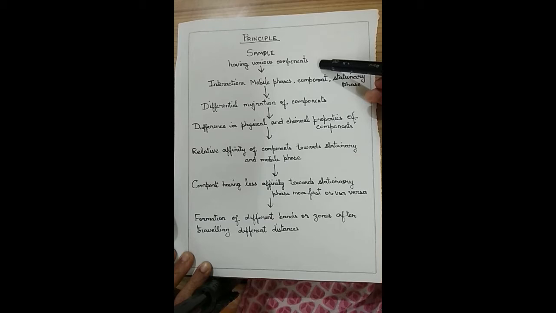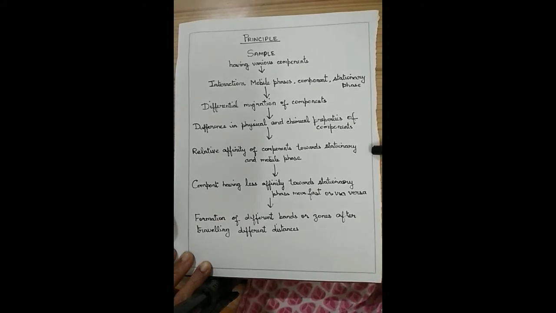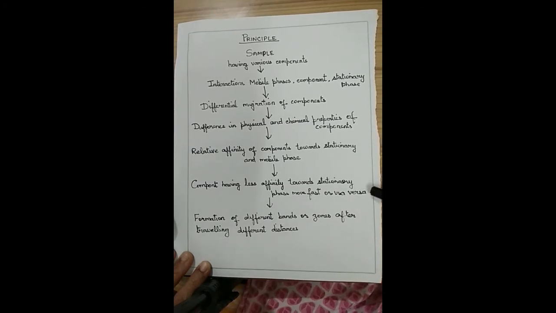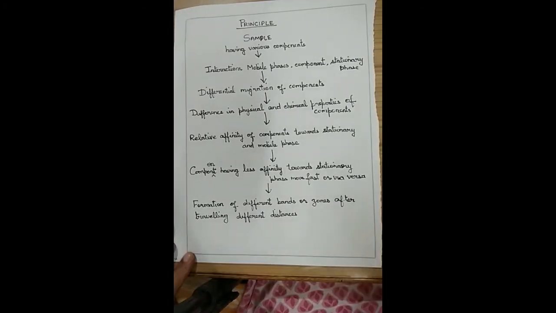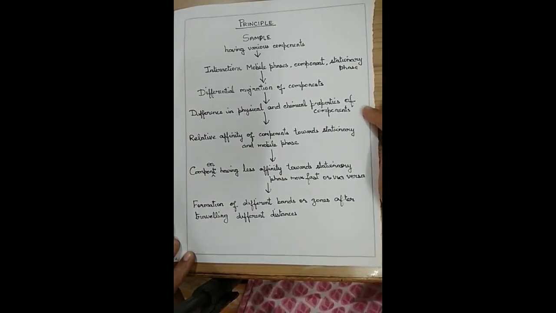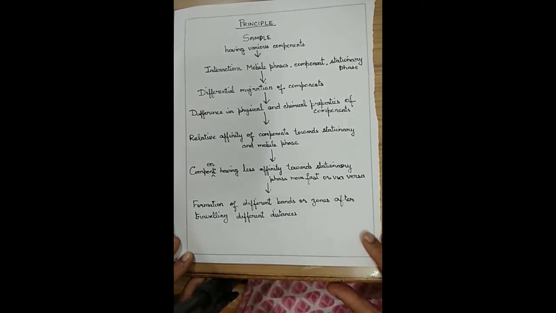Sample having various components, interactions, mobile phase, component, stationary phase, differential migration of components, differences in physical and chemical properties of components, relative affinity of components towards stationary and mobile phase.